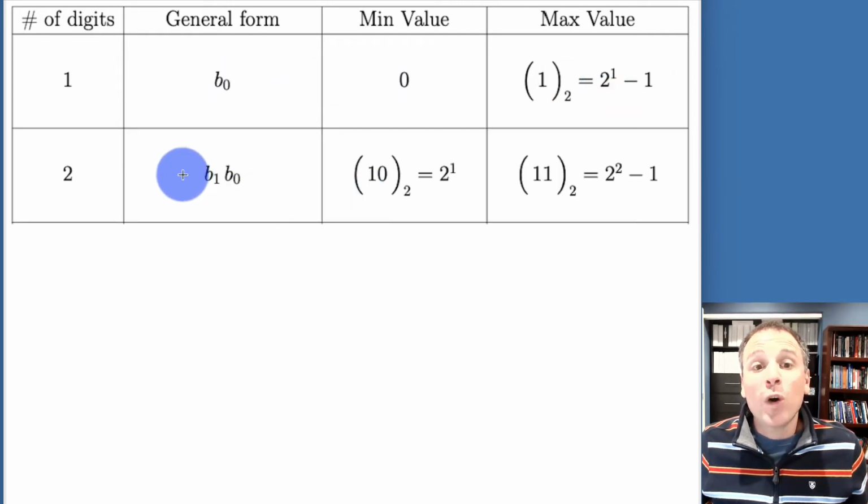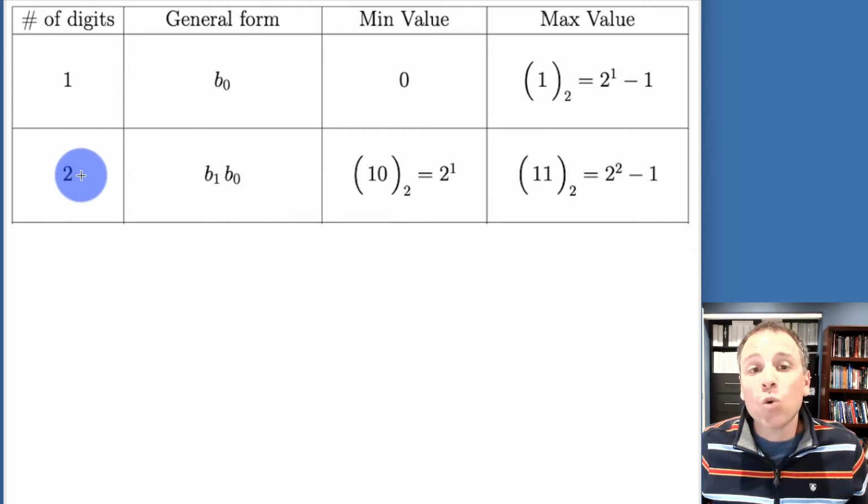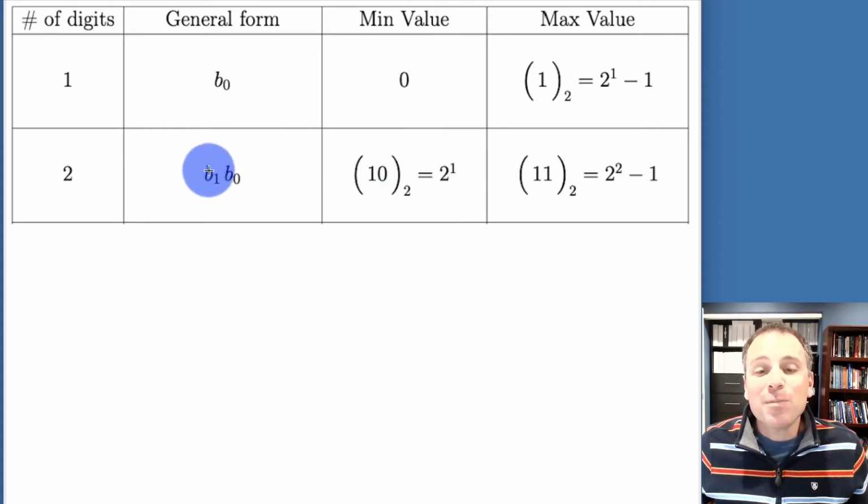Let's go on to the question about how many numbers can be stored in 2 bits. In this case, the smallest number, the minimum value that can be represented in 2 bits, is the number 1, 0 in binary. So 1, 0 in base 2 is equivalent to 2 to the first in base 10. And that's because if I'm anyone less than 2, let's say that I was 1, I don't need 2 bits, I only need 1 bit. So the minimum value for a 2-bit binary number is 10 in binary, 1, 0.